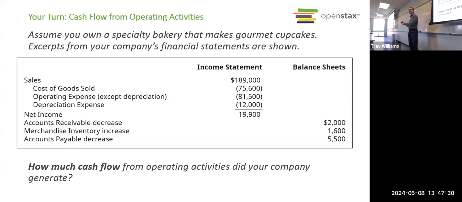The exception to that is with the short-term liabilities, like accounts payable. When a short-term liability goes down, cash goes down. The short-term liability goes up, cash goes up. So if you just keep that in mind, it'll make this a lot easier.